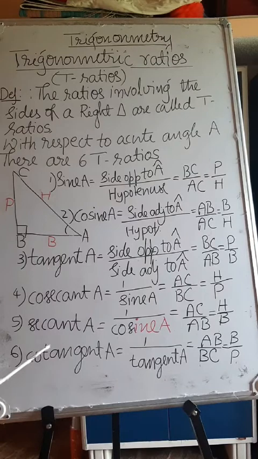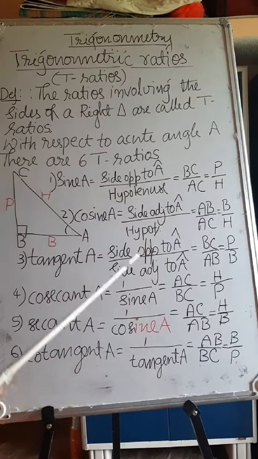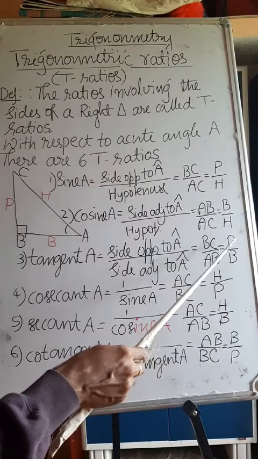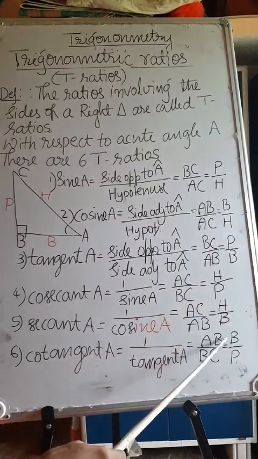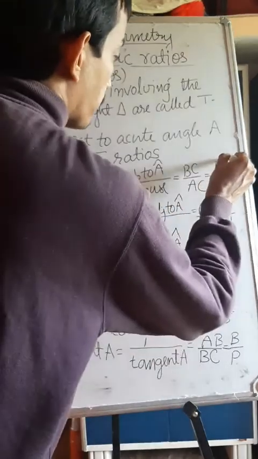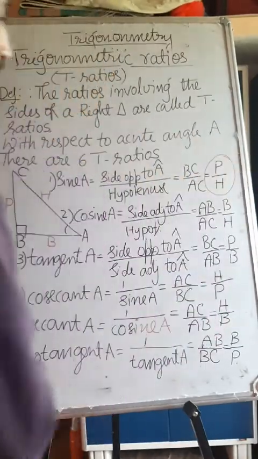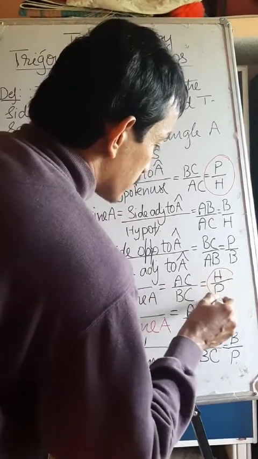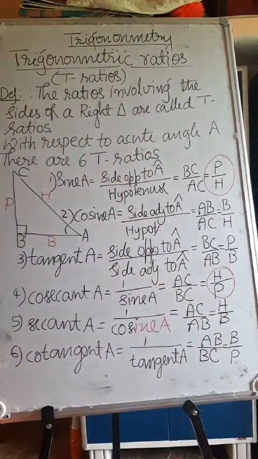Finally, cotangent A. Cotangent A is the reciprocal of tangent A. What is tangent A? Perpendicular by base. The reciprocal is base by perpendicular. If you know sine A as perpendicular by hypotenuse, easily you can write cosecant A, its reciprocal, hypotenuse by perpendicular.